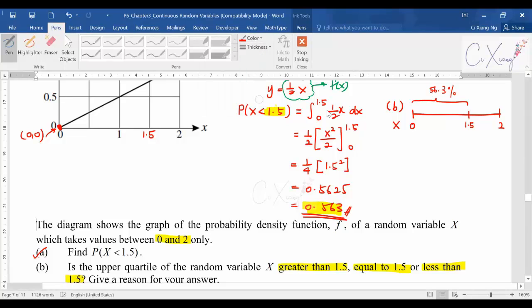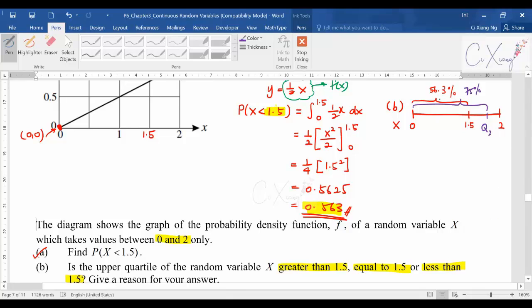Okay, so now by using common sense, your Q3 should cover how many percent from the smallest value to Q3? According to common sense, the Q3 should cover 75%, correct or not? Which means that your Q3 should be somewhere here.